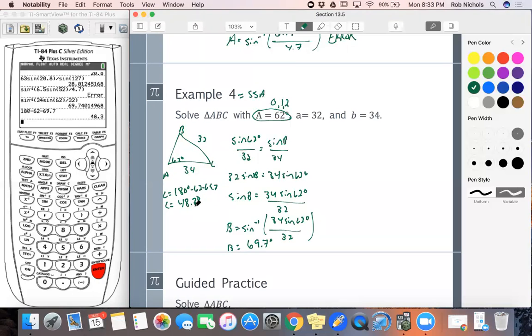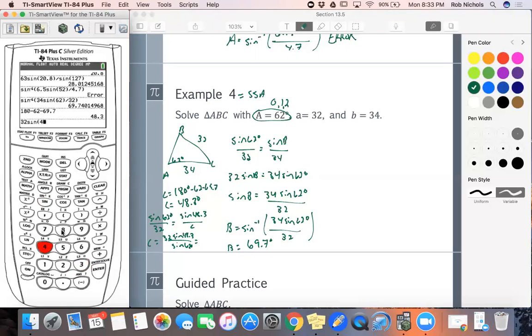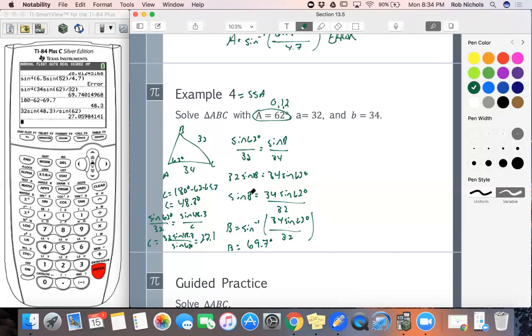And then solving for side C, we have the sine of 62 degrees over 32 equals the sine of 48.3 over C. So C equals 32 times the sine of 48.3 over the sine of 62 degrees. So 32 times the sine of 48.3 divided by the sine of 62, and we get 27.1, and there is one answer.